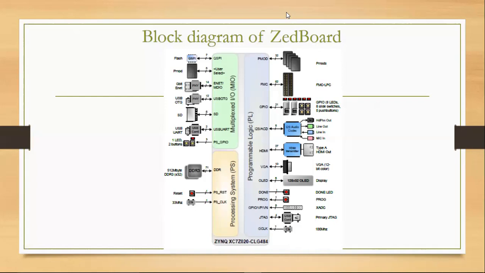Then it has an HDMI port and general purpose input output pins like push button switches and slide switches. It has 8 slide switches, 5 push button switches and 8 LEDs. That is used for output verification. So these are the main components of this Zynq diagram.